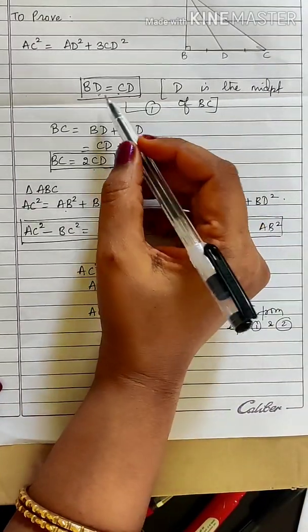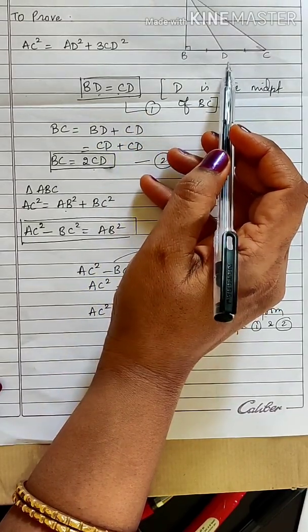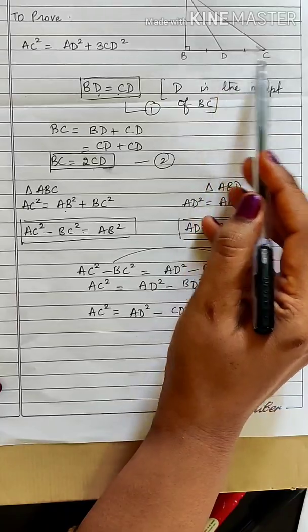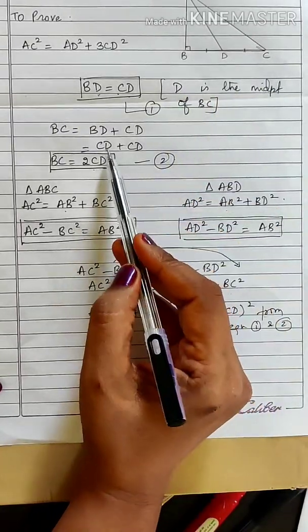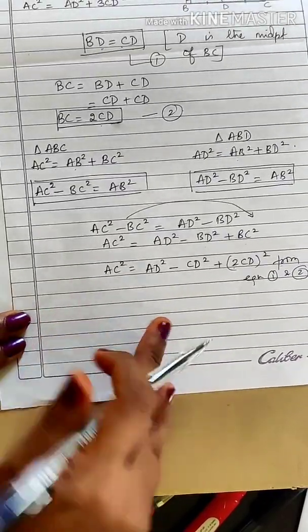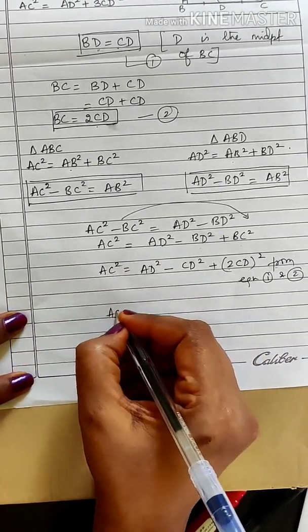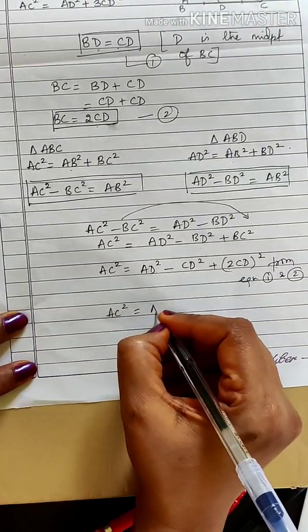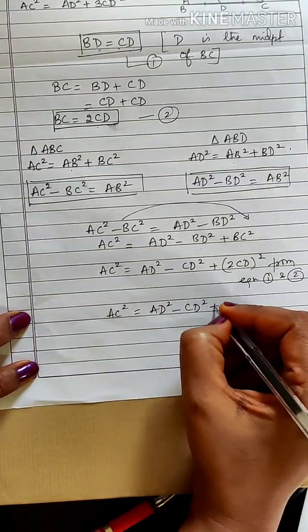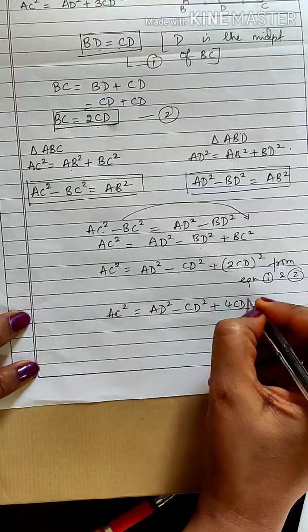You have already done BD is equal to CD because D is the midpoint, and here BC is equal to BD plus DC. BD is equal to CD, so you get CD plus CD, 2CD. So you get AC square is equal to AD square minus CD square plus 4CD square.